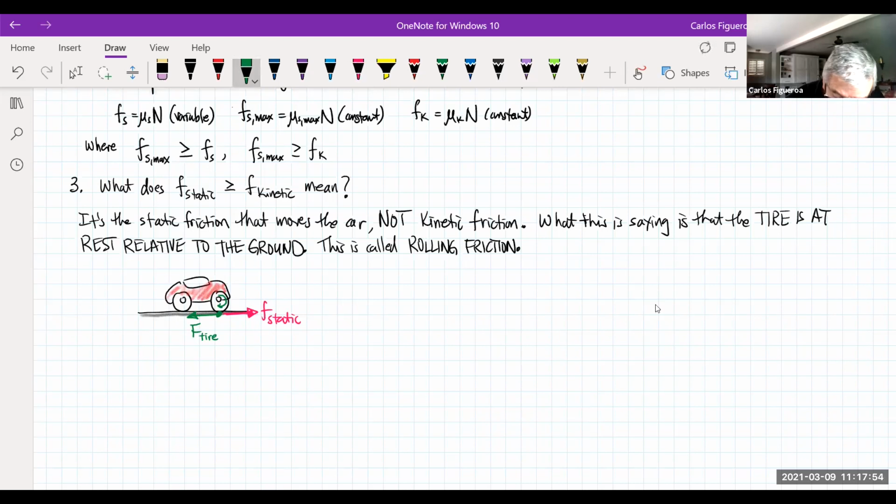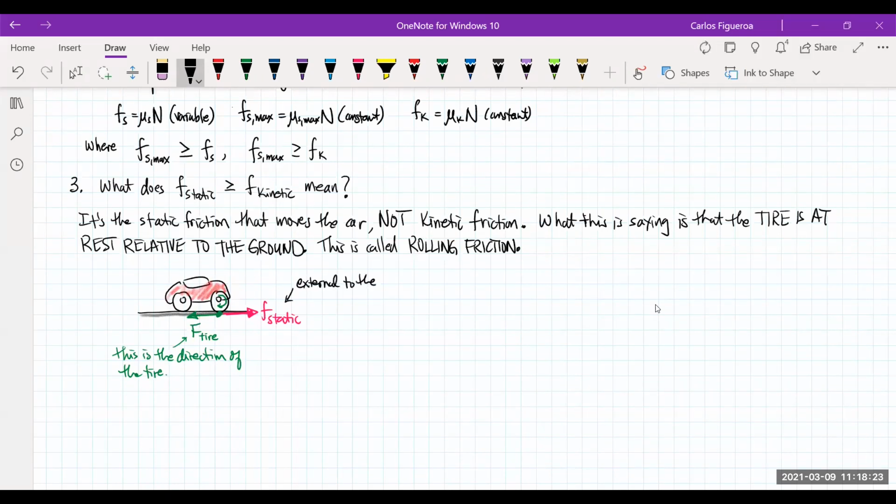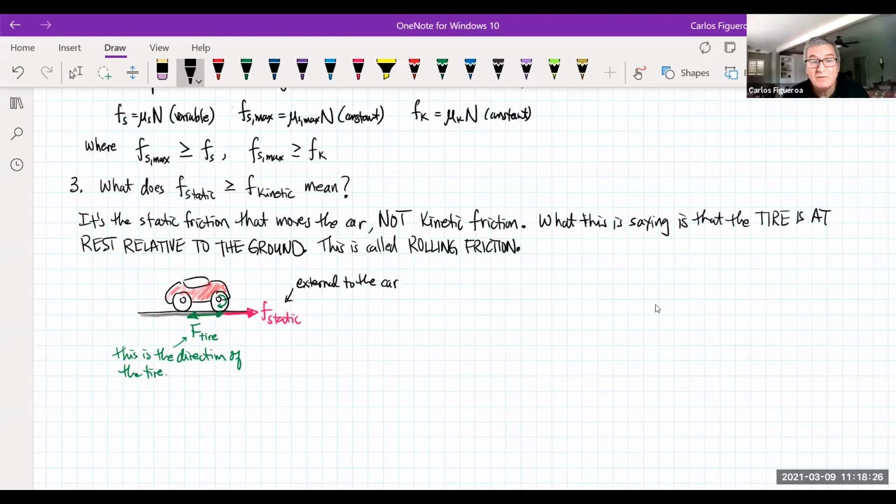So just to make sure that we're clear, this force is the direction of the tire. And if it's the direction of the tire, you could see here that this frictional force right here is external to the car. And because it's external to the car, this is what moves the car in the forward direction here.